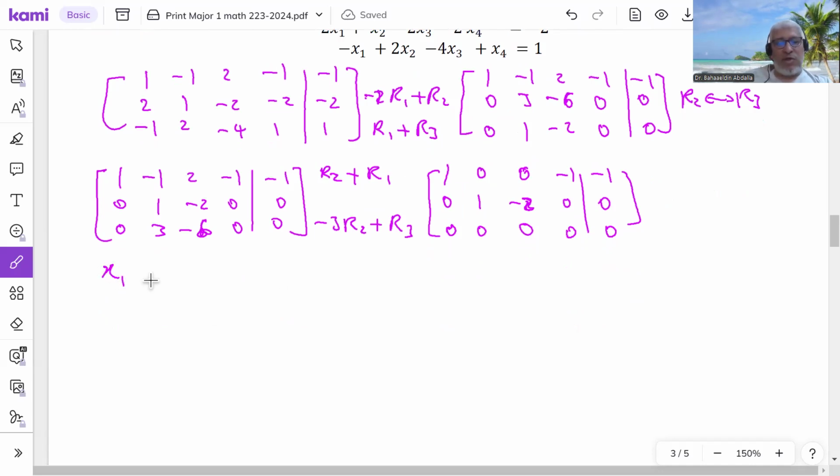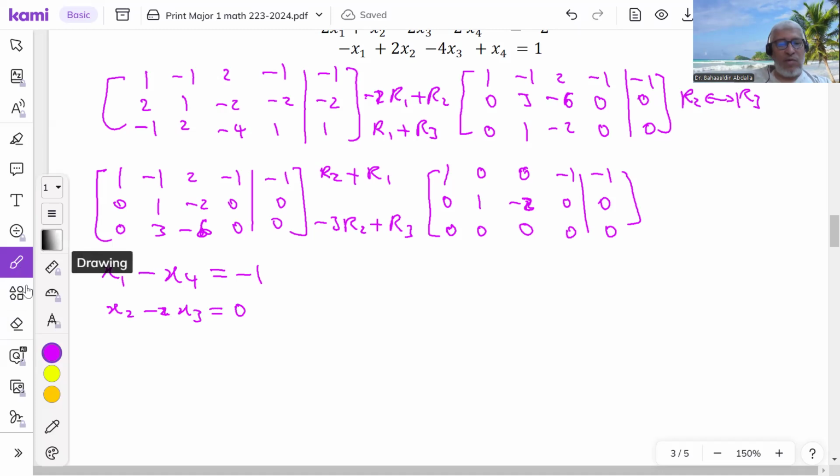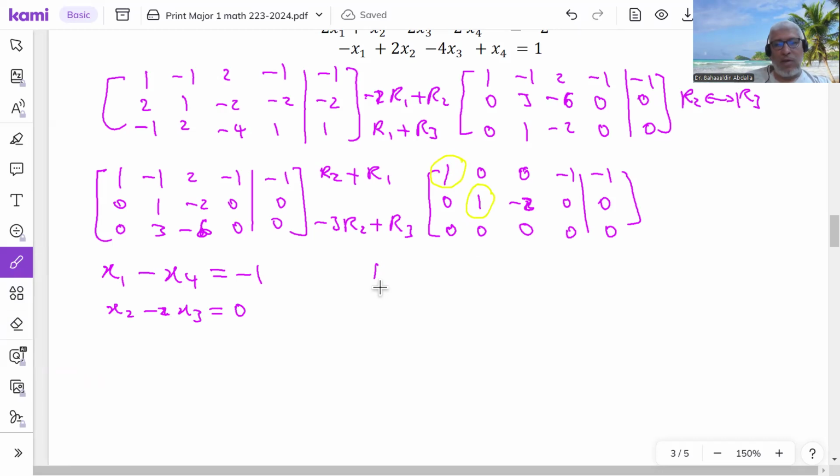Let me write the equations again. X1 minus X4 is -1, and X2 minus 2X3 is 0. Now, the leading ones, I have 1 here. So X1 is basic. X2 is also basic. X3 and X4 are free variables.